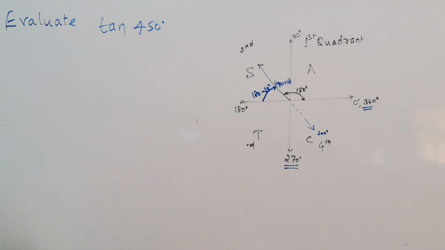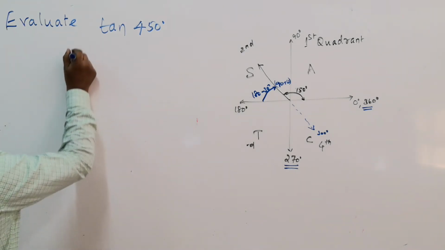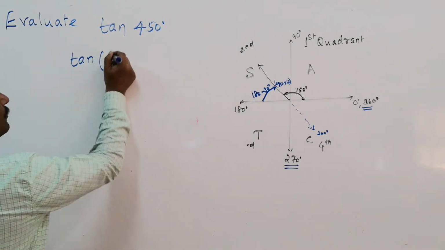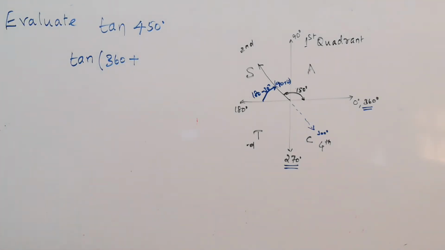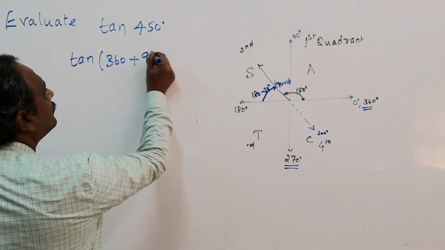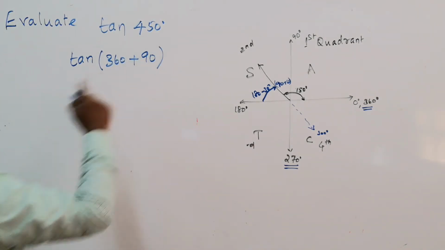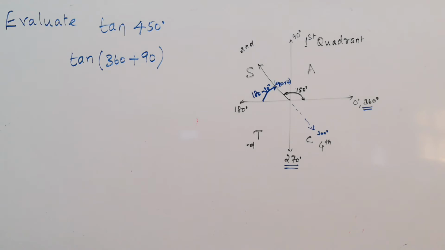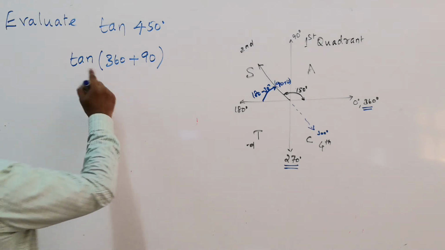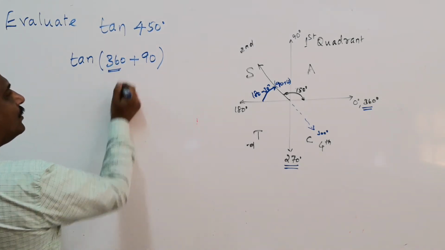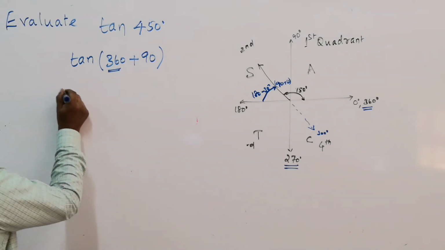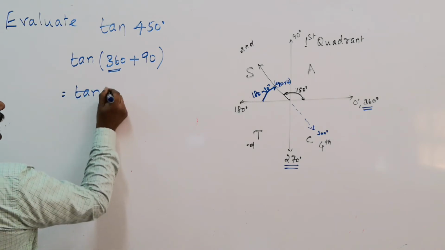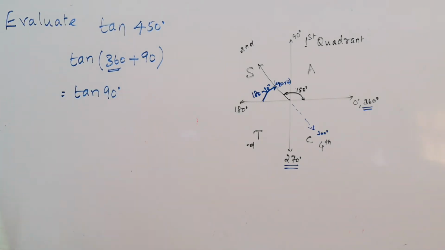This is above 360, isn't it? So first and foremost, I am going to make it 360 plus. What will be the value? 90, isn't it? 360 plus 90. When we have 360, we said there is no change in the trigonometrical value. So tan will be tan 90.